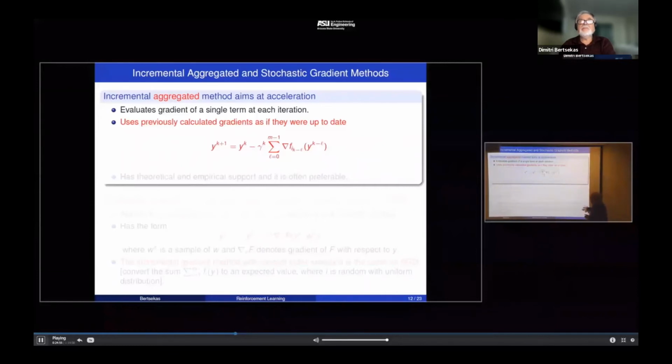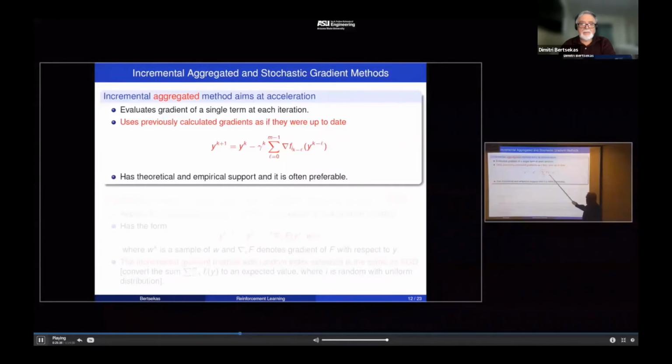We use those to aggregate them, to average them, to obtain some kind of an approximation of the true gradient. So this involves the current gradient of the component, but also the delayed gradients, the previous ones, and we use them as if they were evaluated at the current point. Otherwise it's similar to the non-aggregated method, but both in theory and in practice, this works better, sometimes significantly better.